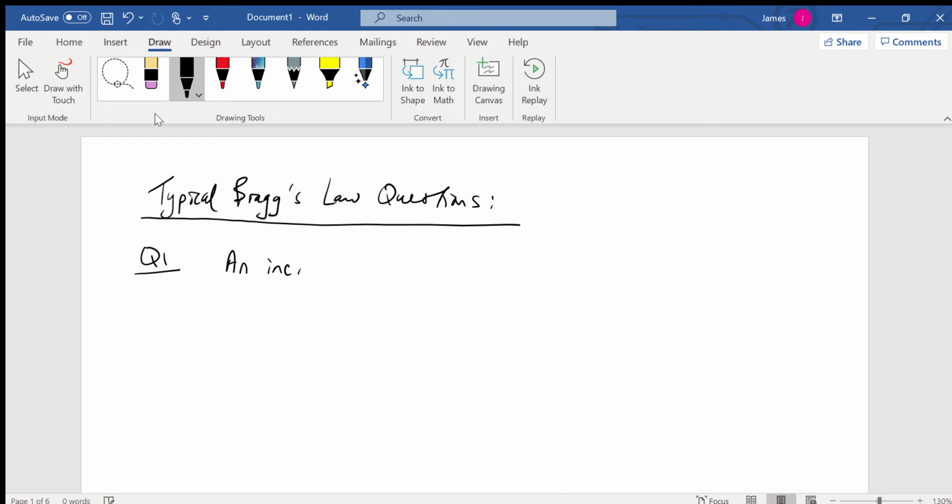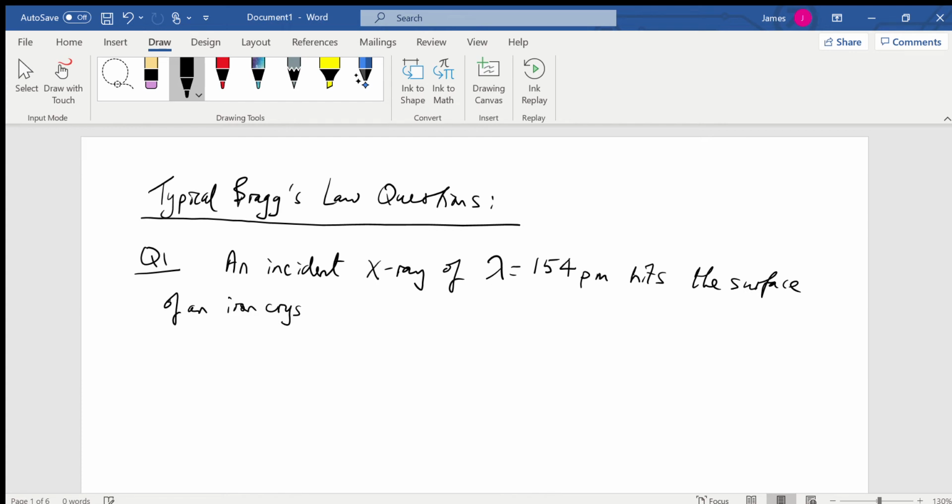An incident X-ray of wavelength lambda equal to 154 picometer hits, for want of a better word, the surface of an iron crystal, and reflects at an angle theta equals 32.6 degrees.